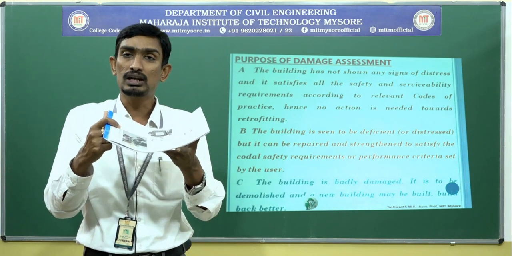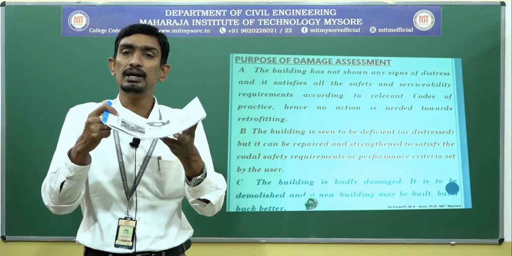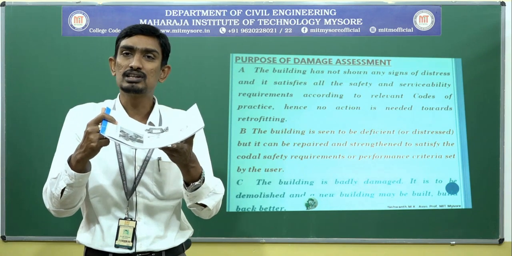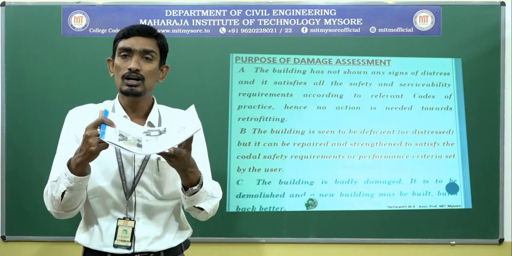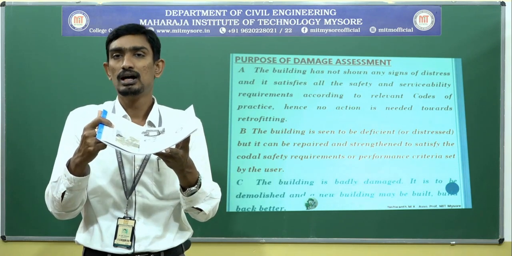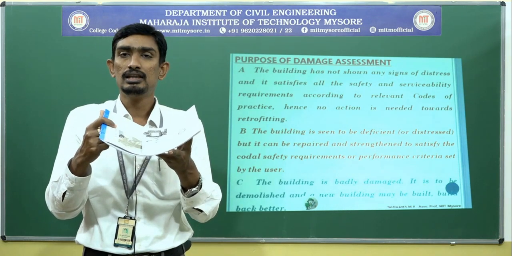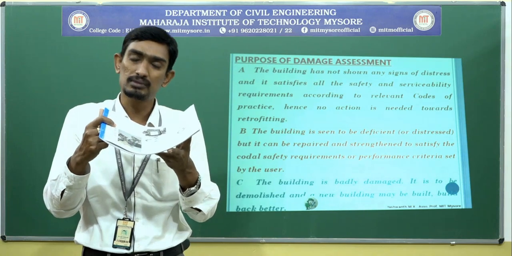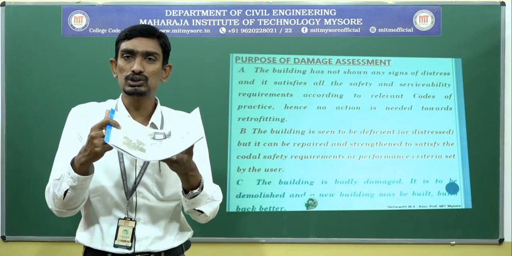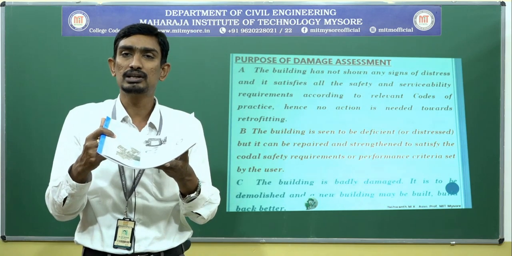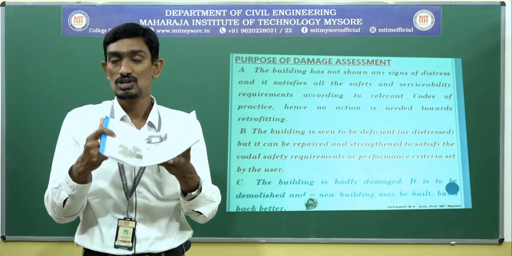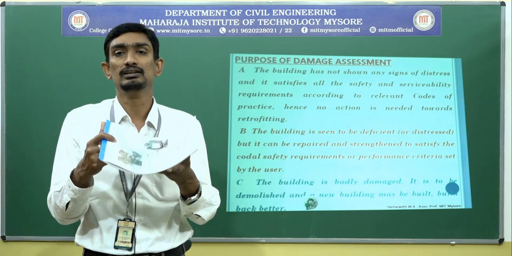That means whatever compressive stress is developed once the beam is subjected to the transverse loading will be taken care of by the concrete. Likewise, for the same beam under the same transverse loading, the lower zone, below the neutral axis, will be subjected to tensile stresses. So that will be taken care of by the steel.